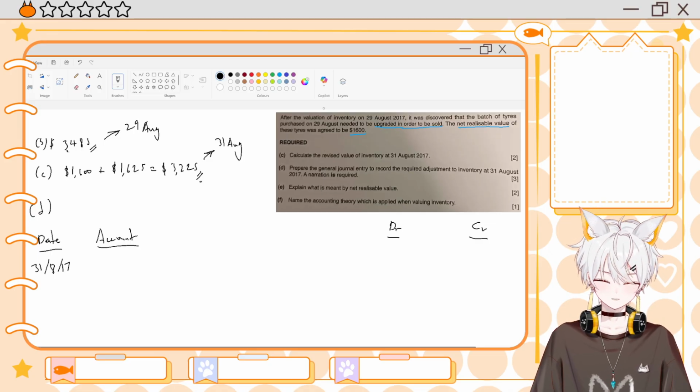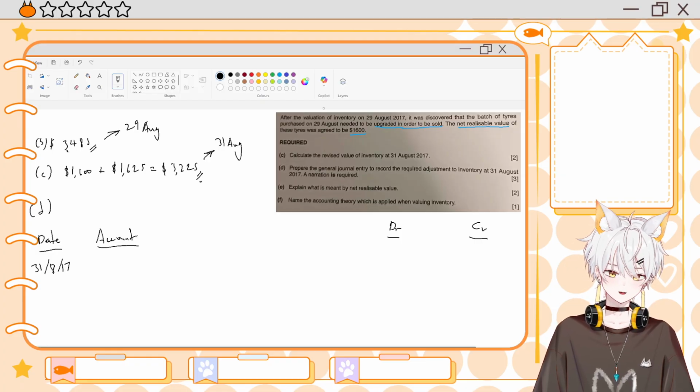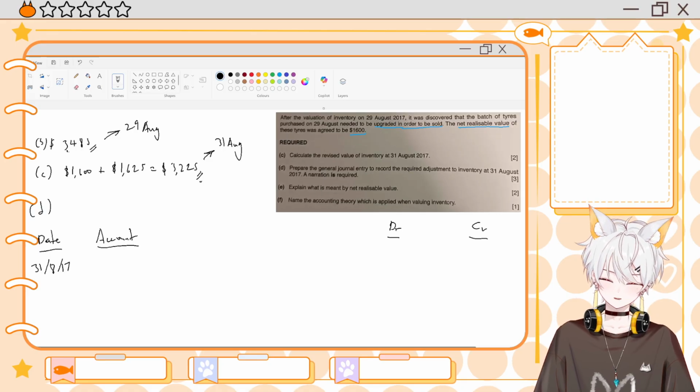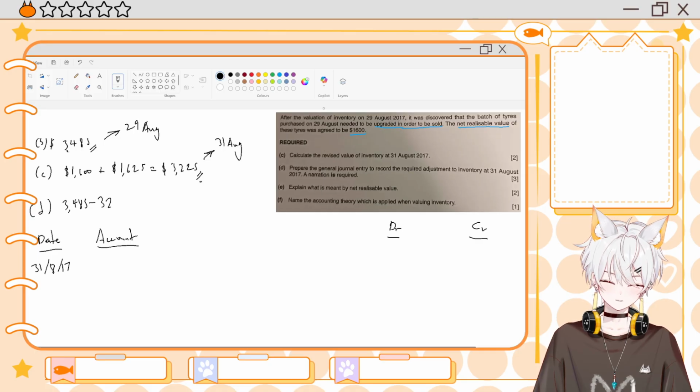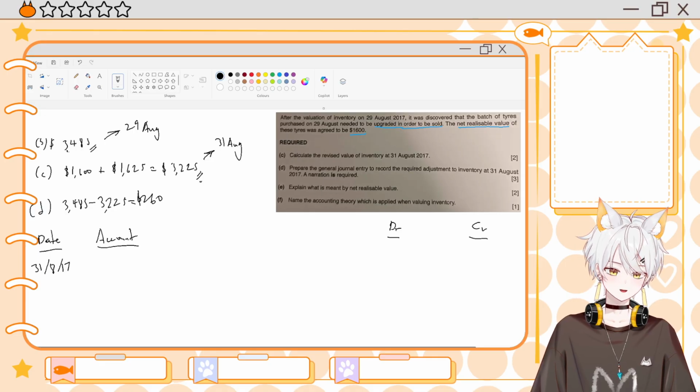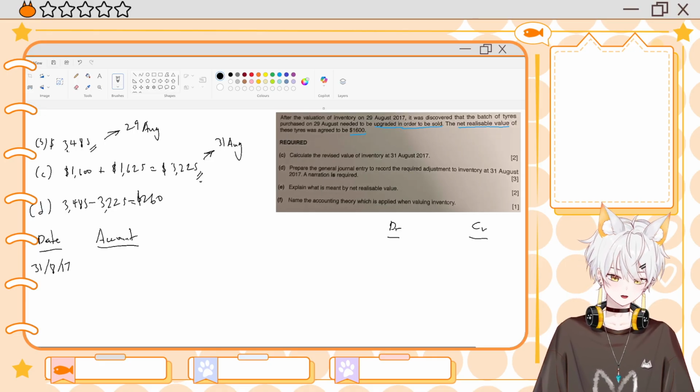Did your value increase or decrease? It decreased. It decreased by how much? 260. 260, right? Yeah. So then in order to record it, first you need to figure out debit credit, right?